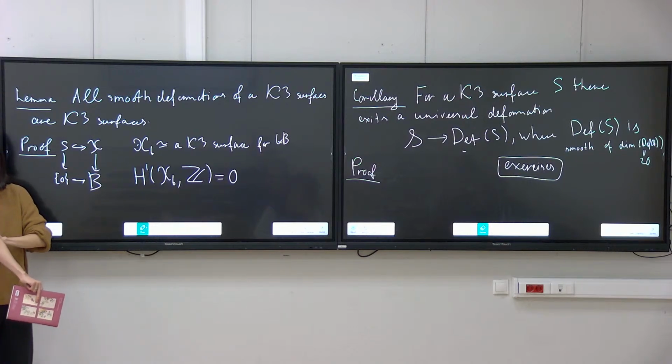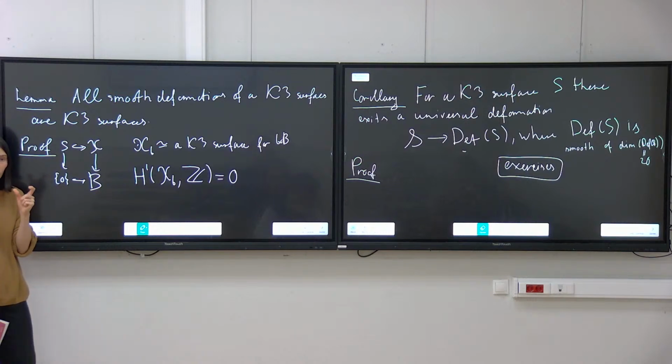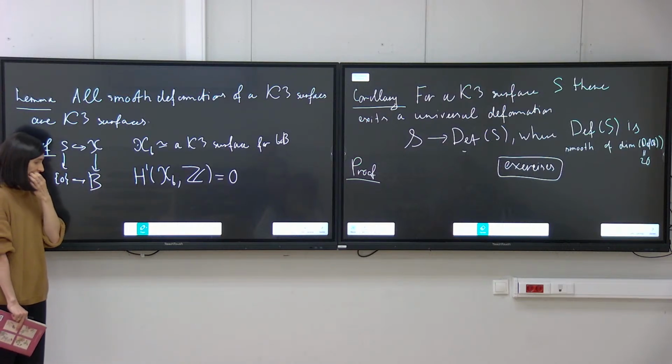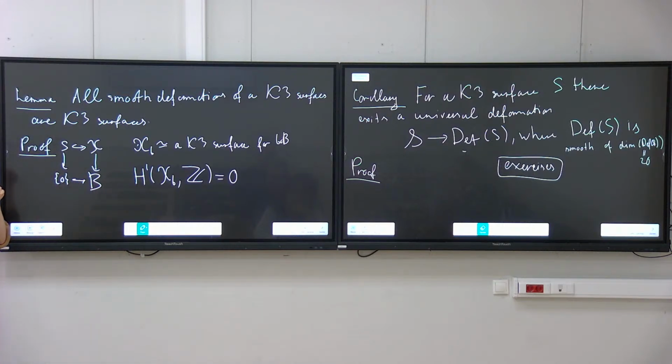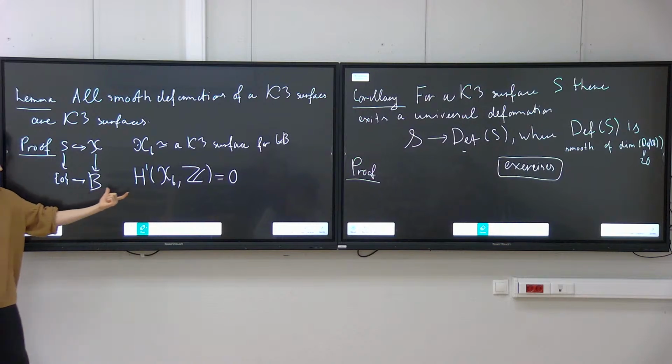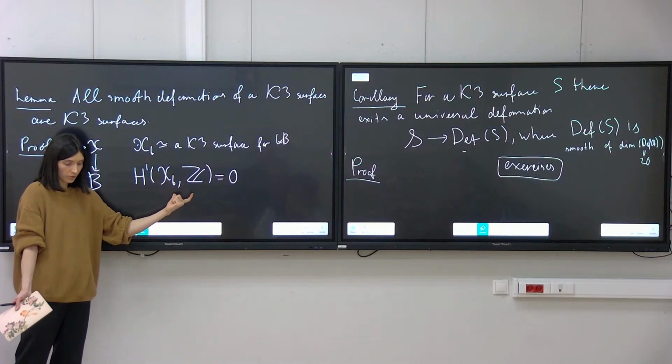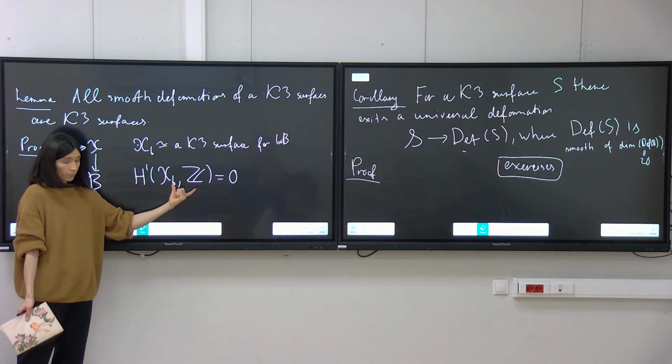By Ehresmann's theorem, locally all fibers of a deformation are diffeomorphic to each other. So from the point of view of differential geometry, they are the same, and in particular the dimensions of their singular cohomologies are the same. Okay, so this we obtain immediately.